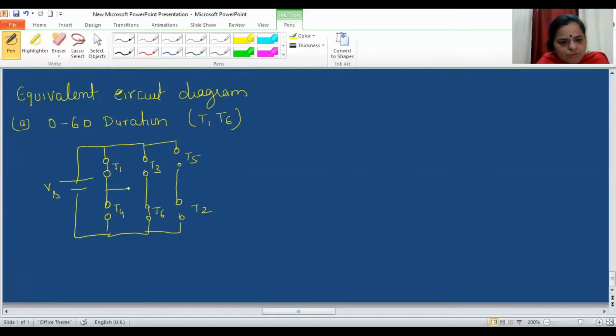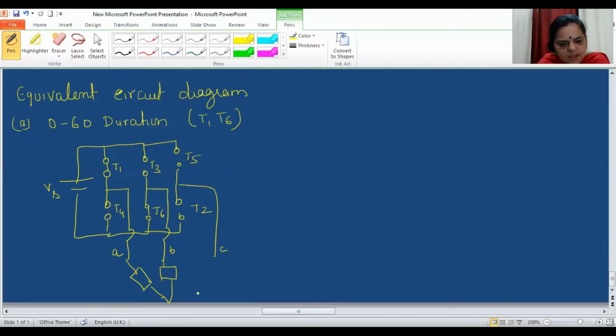So when I connect the load, the three-phase load which is star connected, that will be like this. So this is A phase, this is B phase, this is C phase.